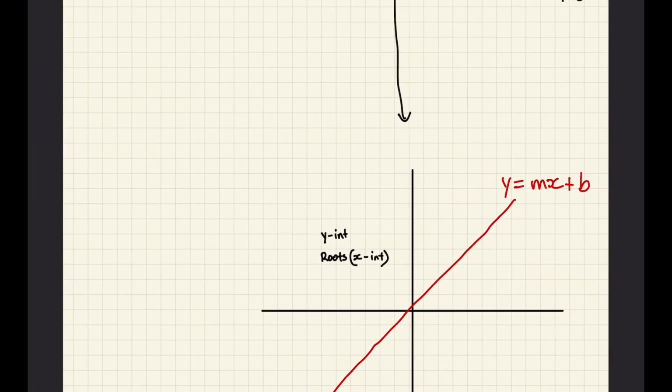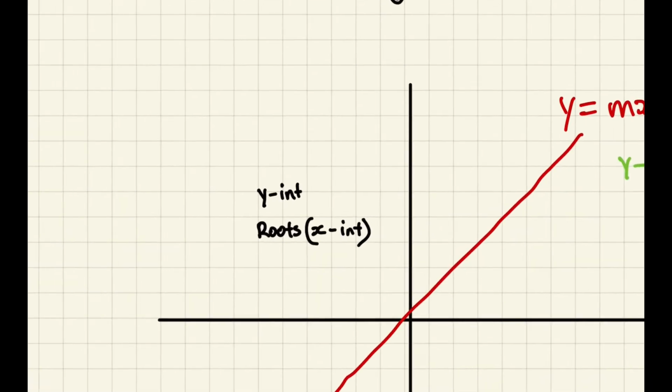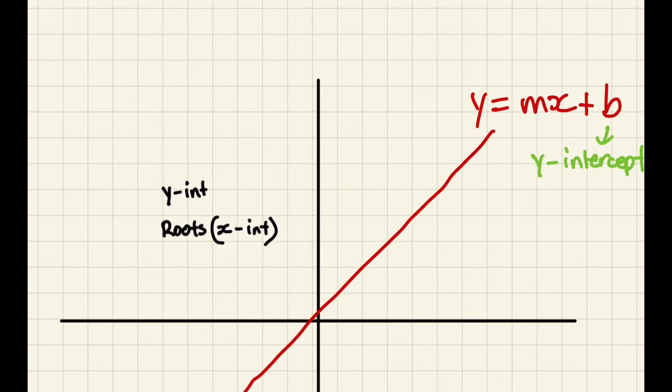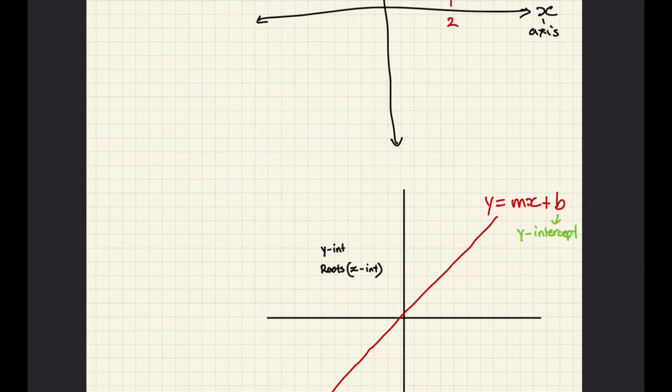In our equation, y equals mx plus b, the plus b represents the y-intercept. So let's write that down. So that is the y-intercept. Okay, so plus b is always going to be our y-intercept.